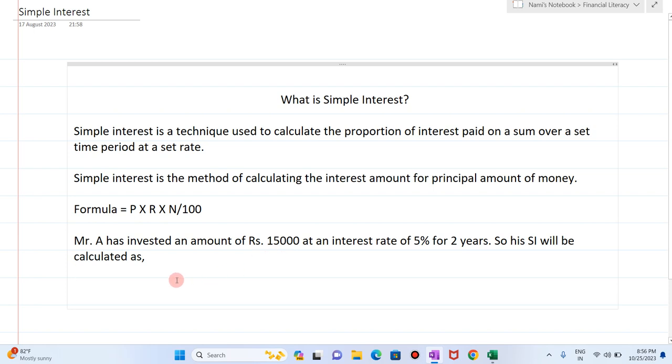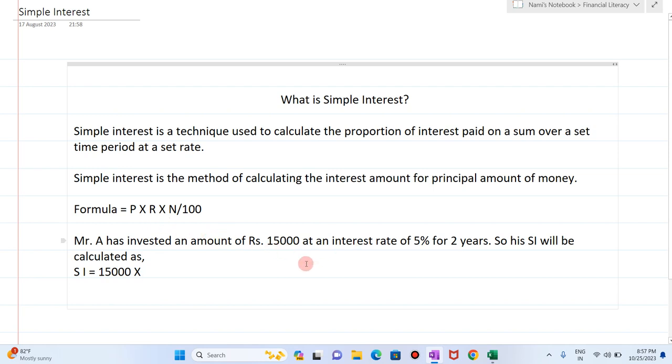So simple interest is equal to 15,000 multiplied by, P stands for principal. Mr. A has invested 15,000, so 15,000 is the principal amount.